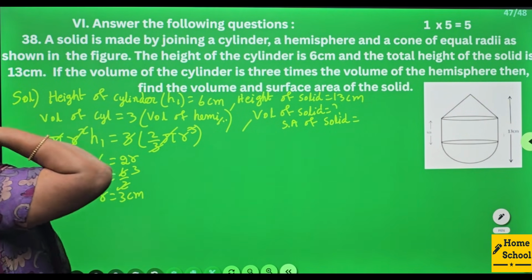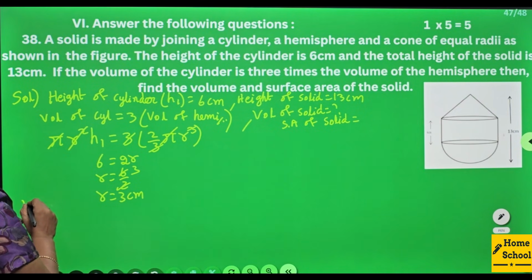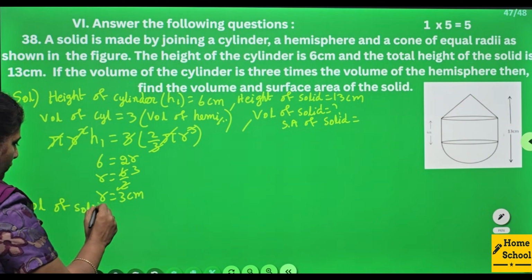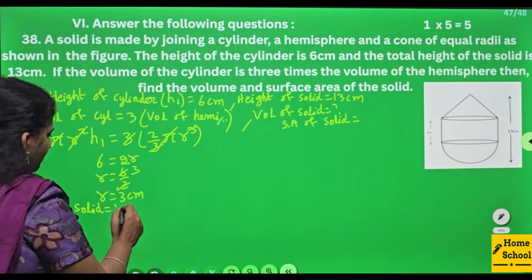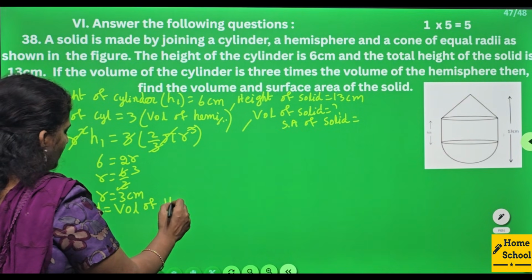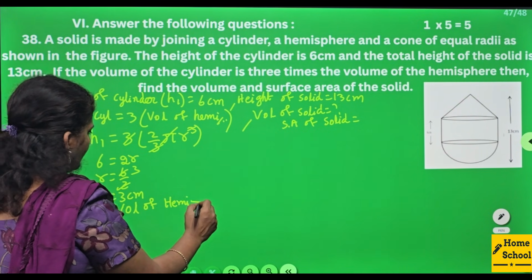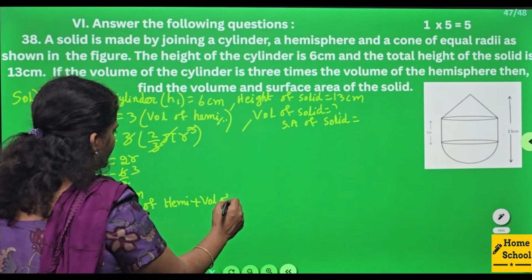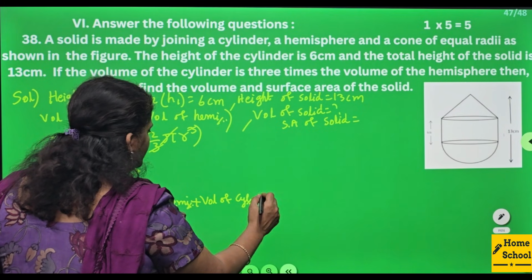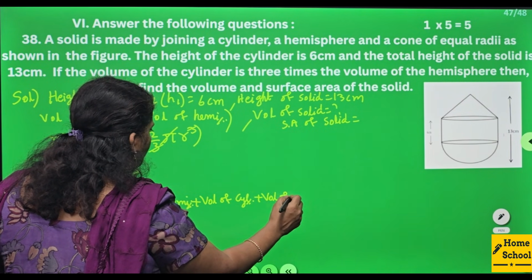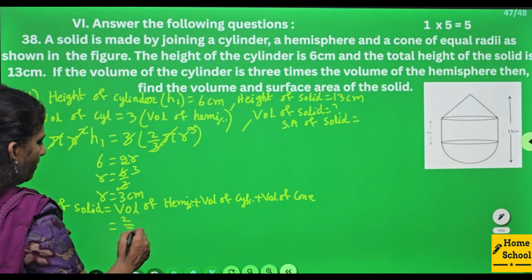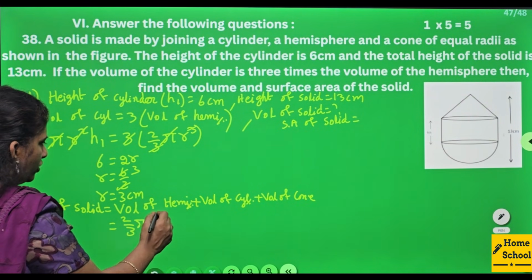Now, first question, volume of solid. Volume of solid is equal to, what are all the solids you have? Write all line. Volume of hemisphere plus volume of cylinder plus volume of cone. Formula, volume of hemisphere is 2 by 3 pi r cube.